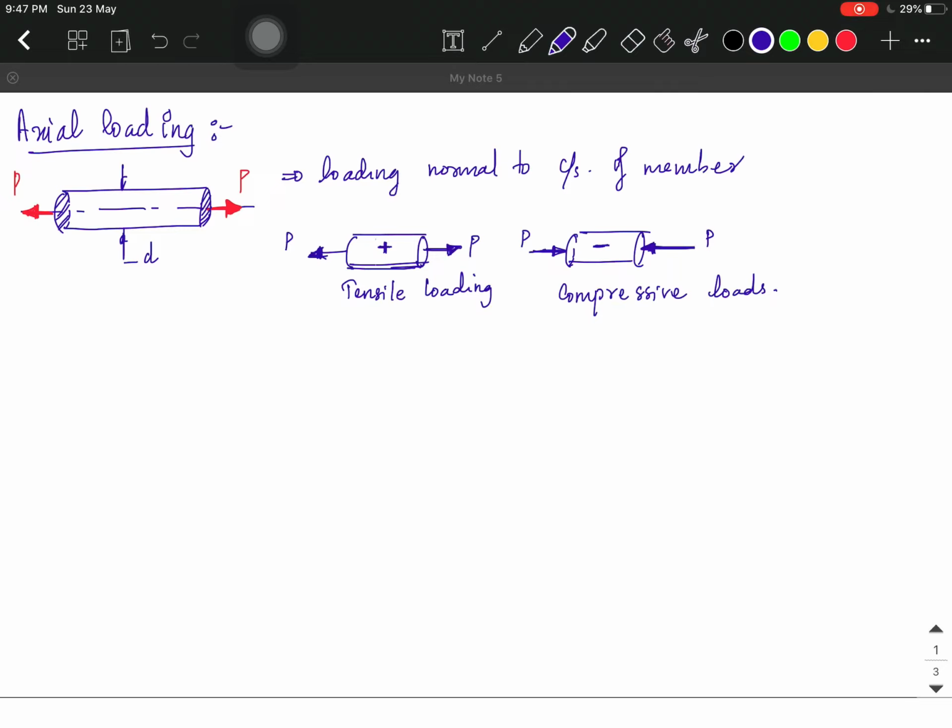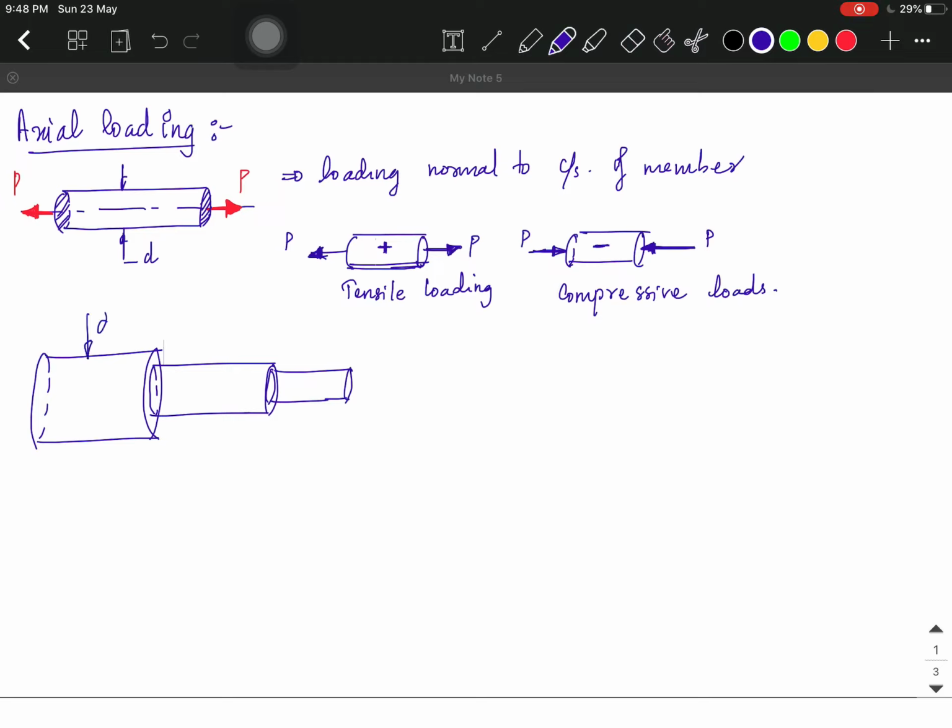So that's about a single element that is subjected to some constant loading. Let's suppose some other shaft like this, which is having variable diameters, and also let's consider one more step like this.